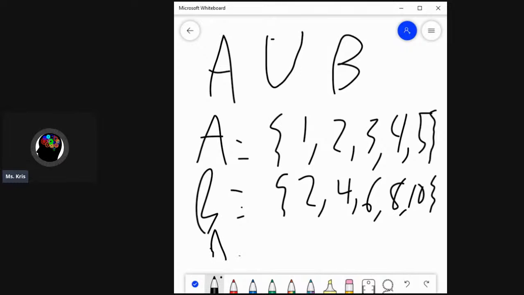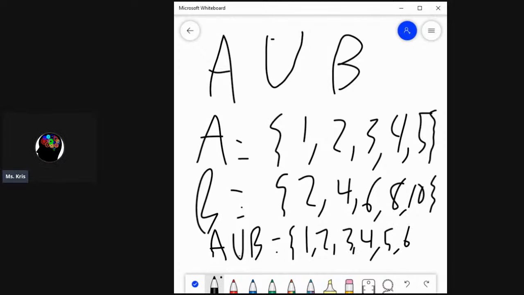So the union of A and B is 1, 2, 3, 4, 5, 6, 8, 10. As you can see with our numbers, the union is everything that's in A and everything that's in B put together without repeating.